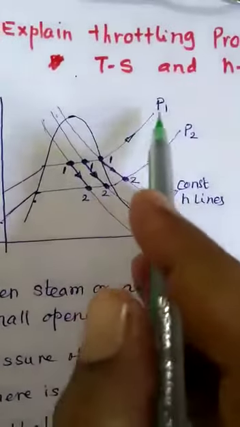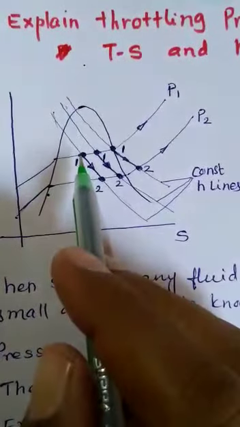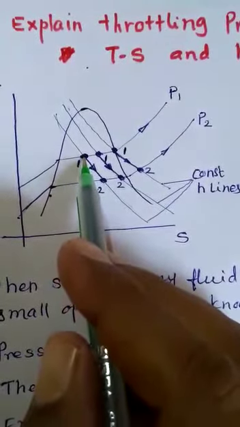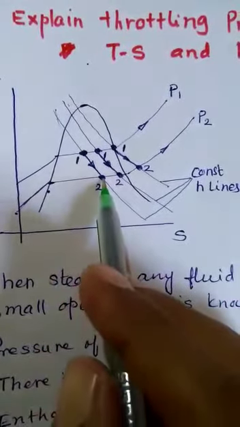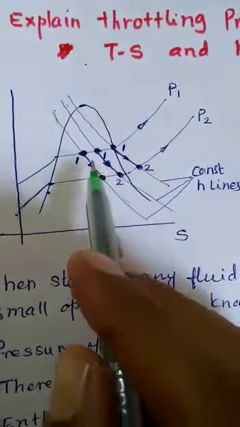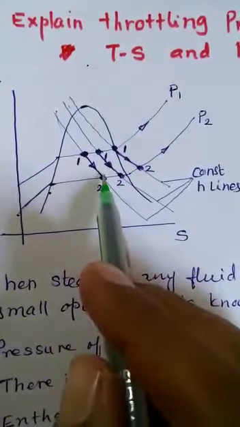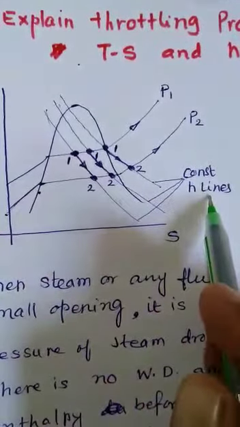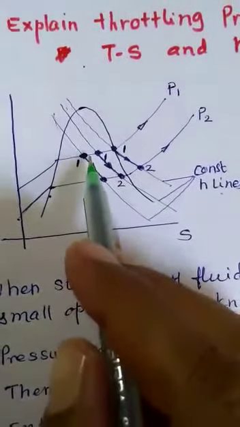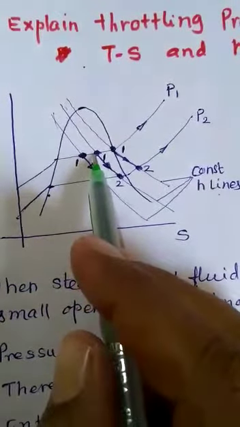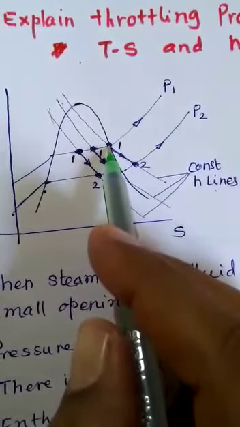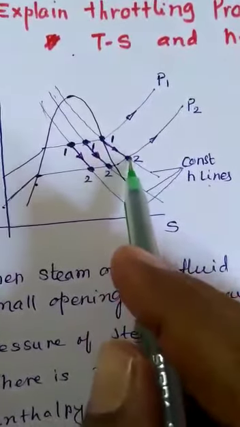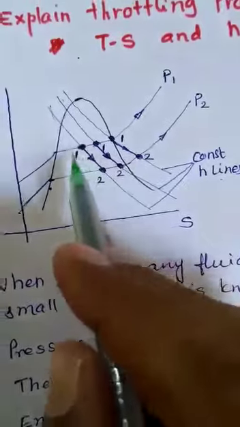Now any point on line P1, see here, two phase region, any point 1 meeting with point 2, this 1 to 2 process is coming on constant enthalpy line. So consider 1 here, so 2 will be coming here. Consider 1 on the saturation curve, so 2 will come in the vapor region.